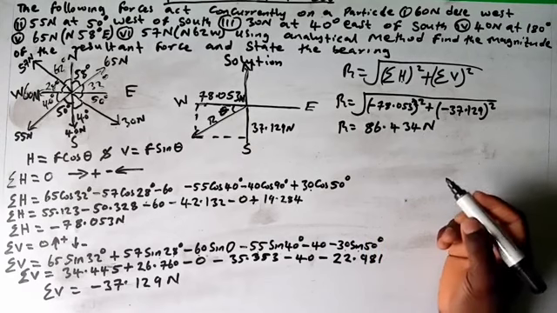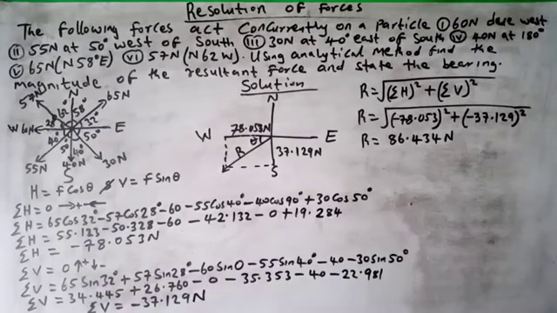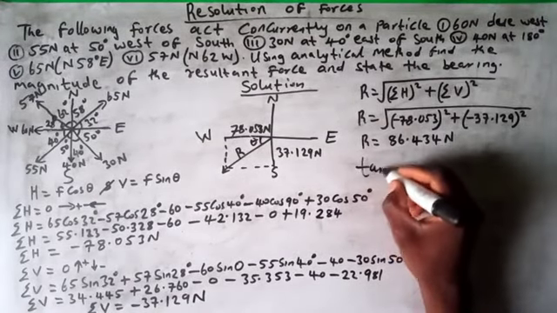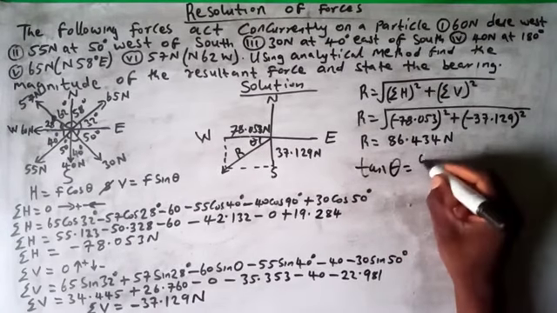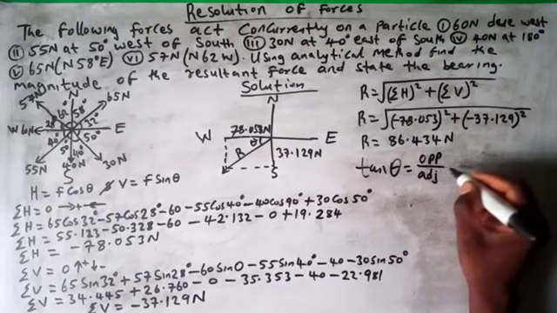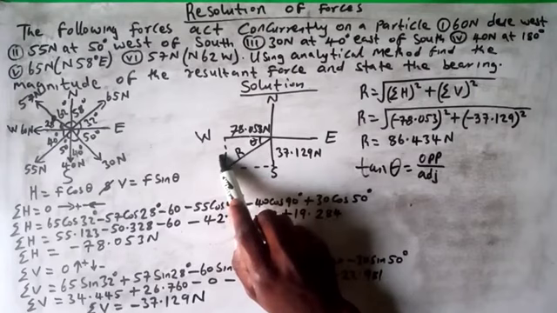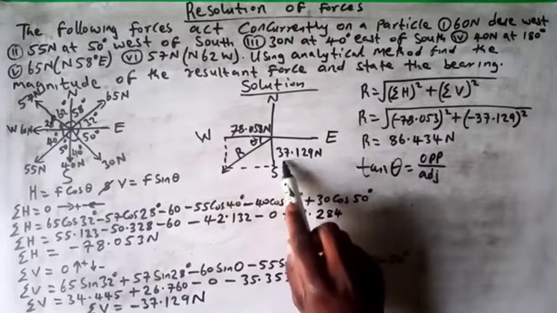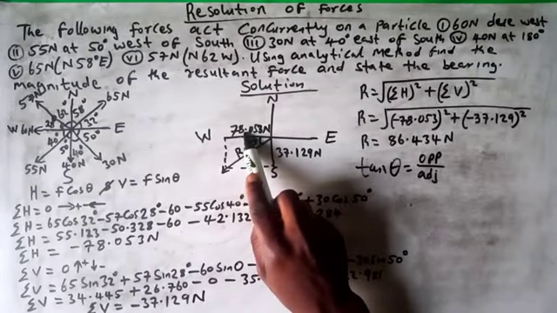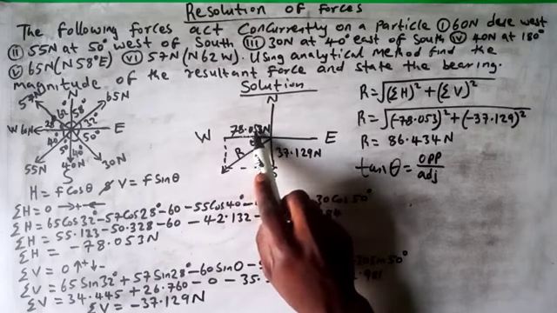For us to find the direction, we use tan theta. To find our theta, we say that tan theta is equal to opposite over adjacent, where this side is our opposite, which is equal to 37.129, and this side is our adjacent, which is equal to 78.053.